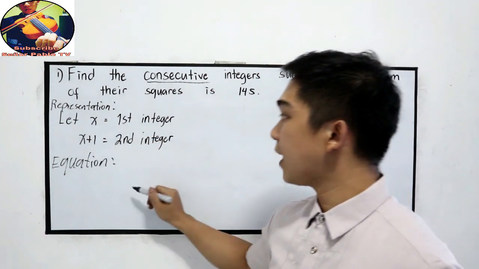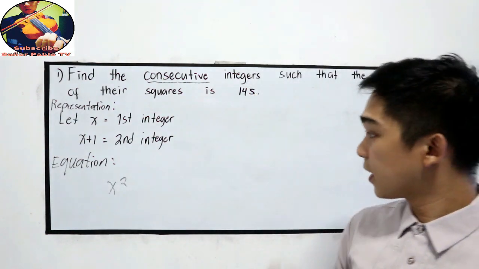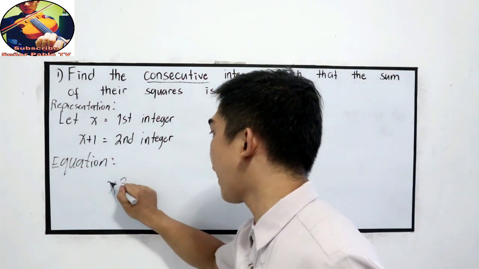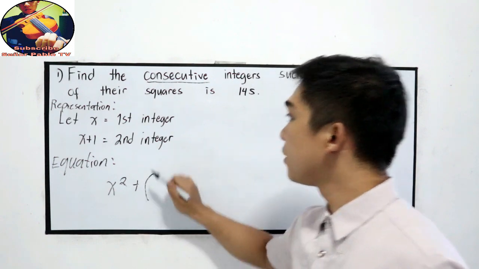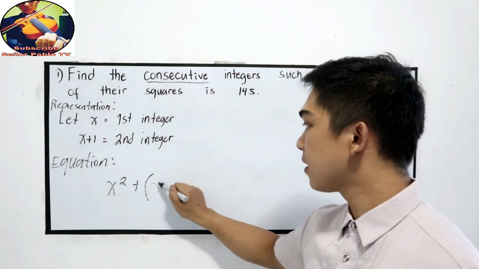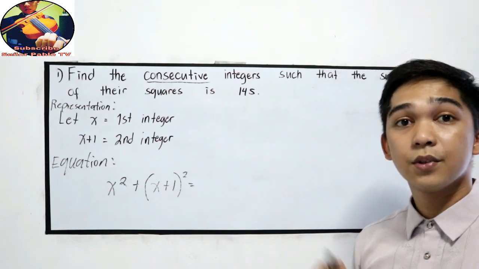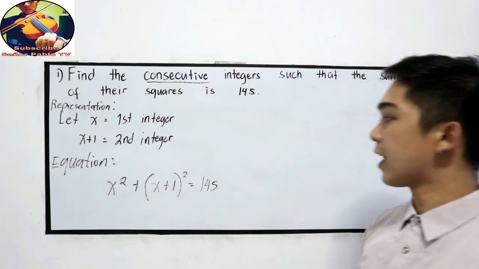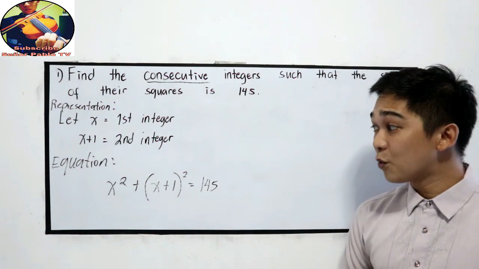Yung square daw nila, so yung x squared, plus yung square ng isa, (x + 1) squared is equal to 145. Yan na ngayon yung ating working equation.